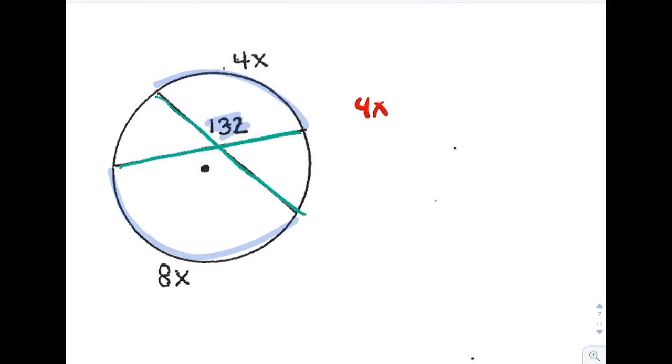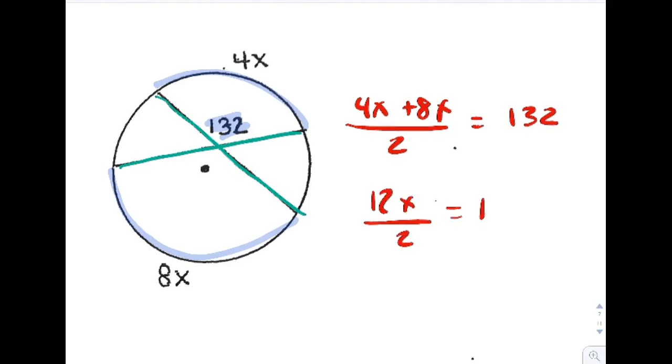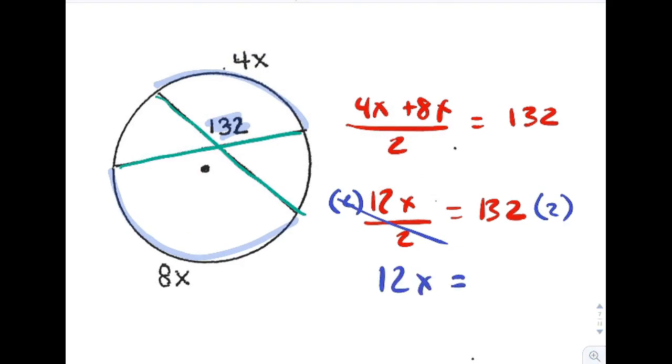So I have 4x plus 8x divided by 2 equals the angle. So that's really 12x divided by 2 equals the angle, because 4x and 8x is 12x. Then I'm going to multiply both sides by 2 to clear the fraction. And 132 times 2 is 264.